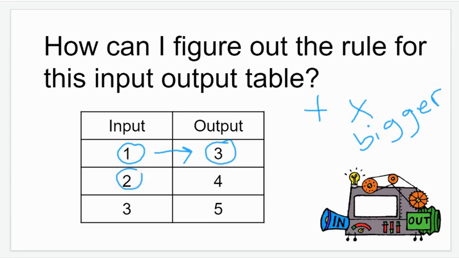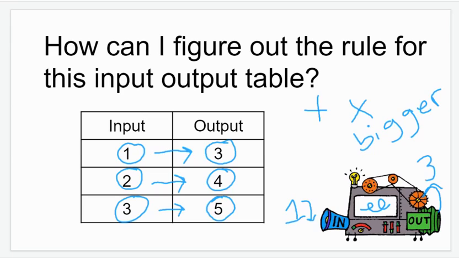I notice that my 2 turns into a 4, and the 3 turns into a 5. So something's happening here where the numbers are getting bigger. If I think of this like a magical number machine, the number 1 goes into the machine, some magic happens, and the number 3 comes out of the machine.